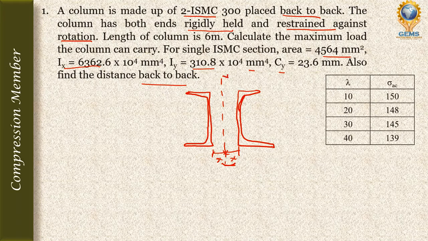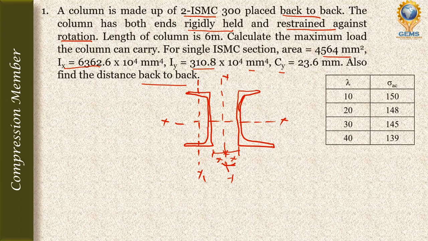So this is the y axis and this is the x axis. The x axis is the same for the single and the double channel section also. So y will differ, because the y of the double channel section will come here, but the y of the single will come at a distance here.